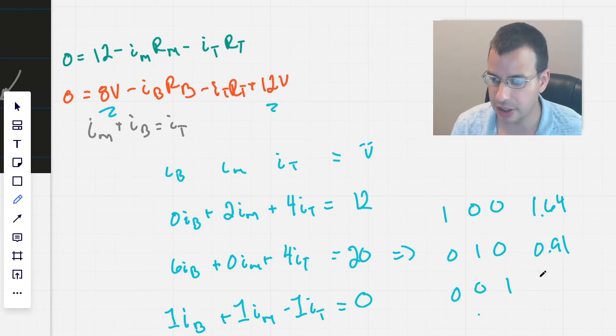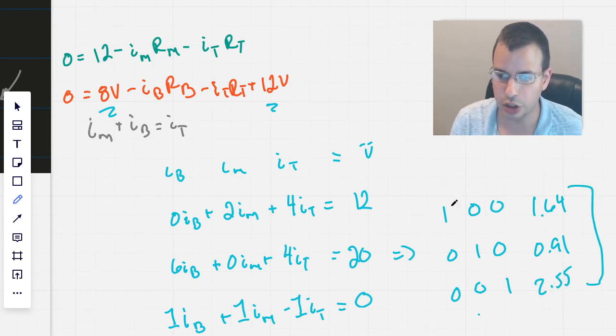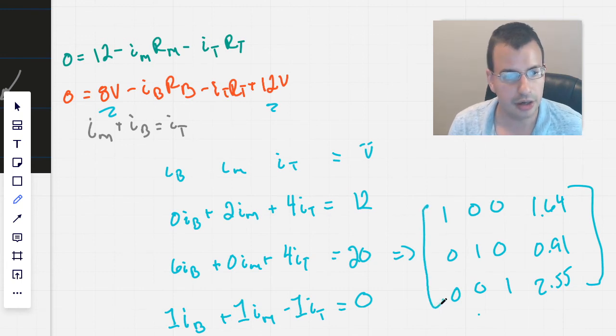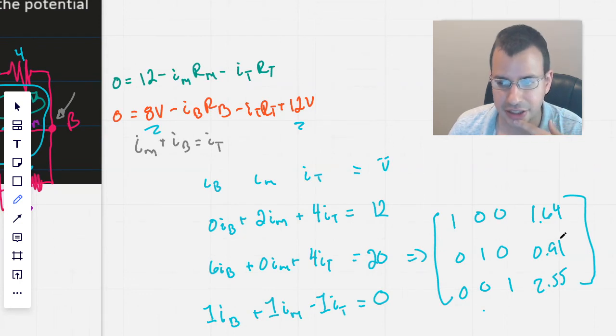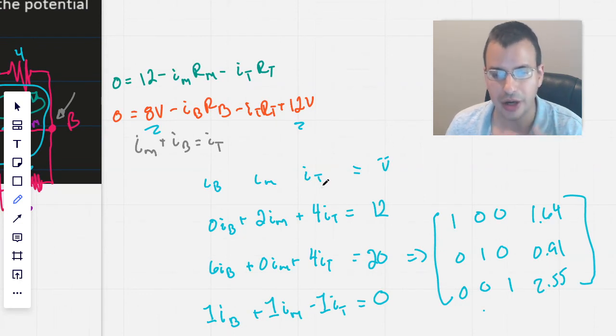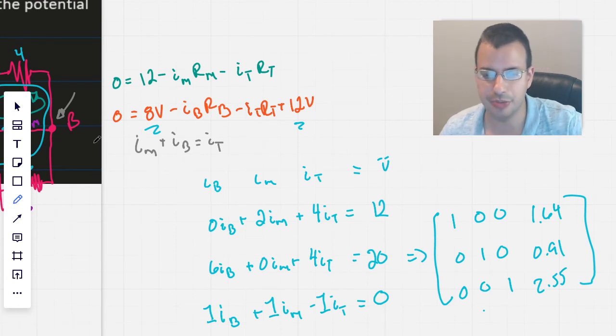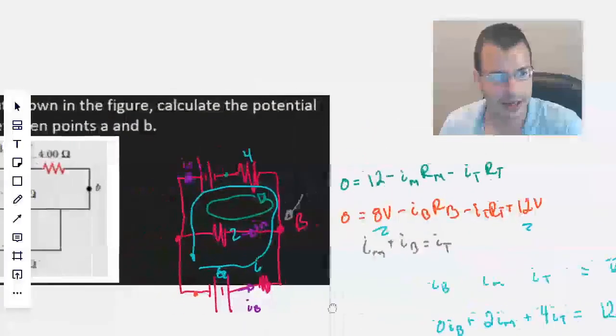So what this is saying is that I bottom is 1.64, I middle is 0.91, and I top is 2.55 amps. That's using matrix multiplication or linear algebra to solve it. This is a way of solving systems of linear equations, and it's less prone to error than if you did it by hand.